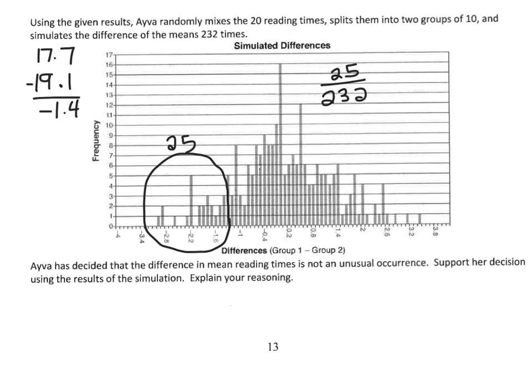You can plug it in your calculator if you want. It is approximately 0.1078, so that is approximately 10.78%, or I'm just going to round it to 11%. So a difference that extreme, or even more extreme, occurs 11% of the time.